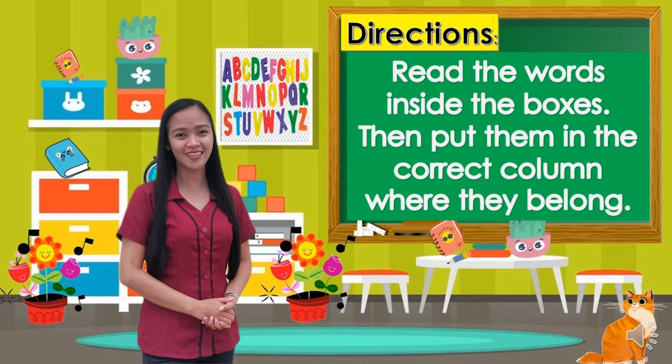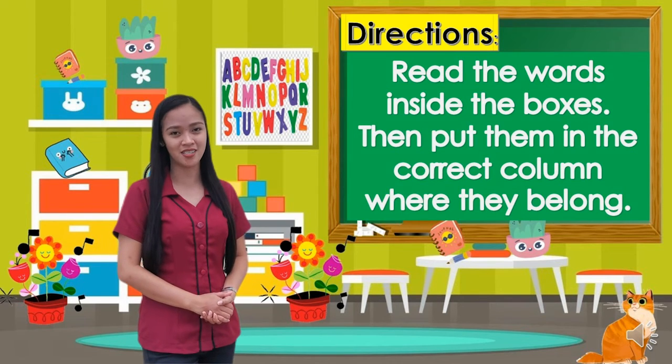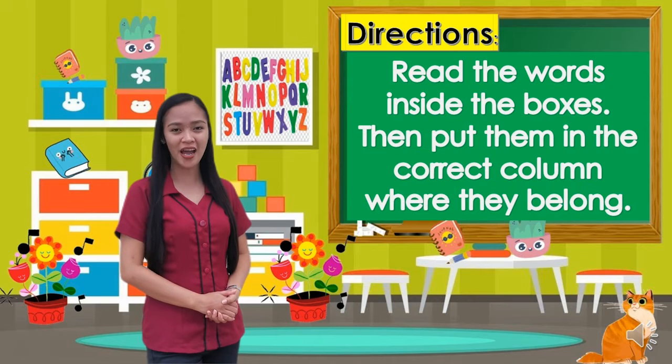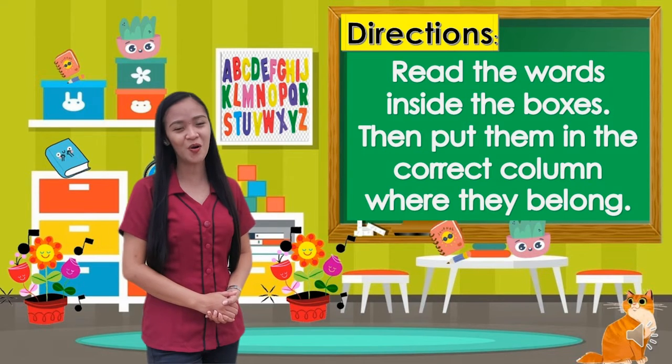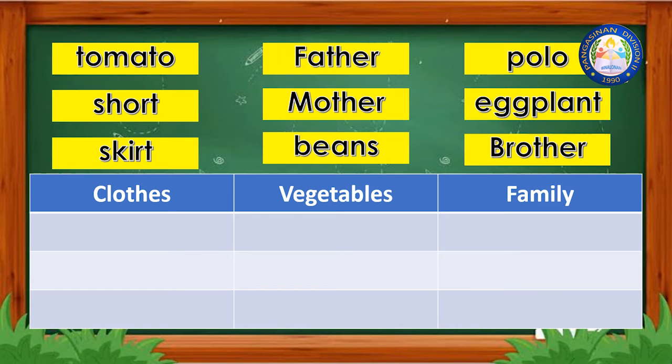For our next activity, you are going to read the words inside the boxes. Then put them in the correct column where they belong. Is that clear? Okay, let's start. Before you answer, let us first read the words. Okay, everybody, let's read.